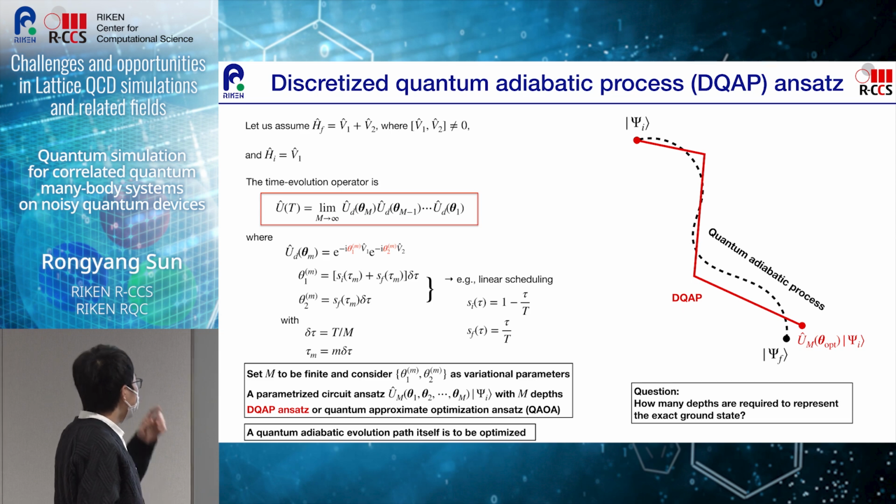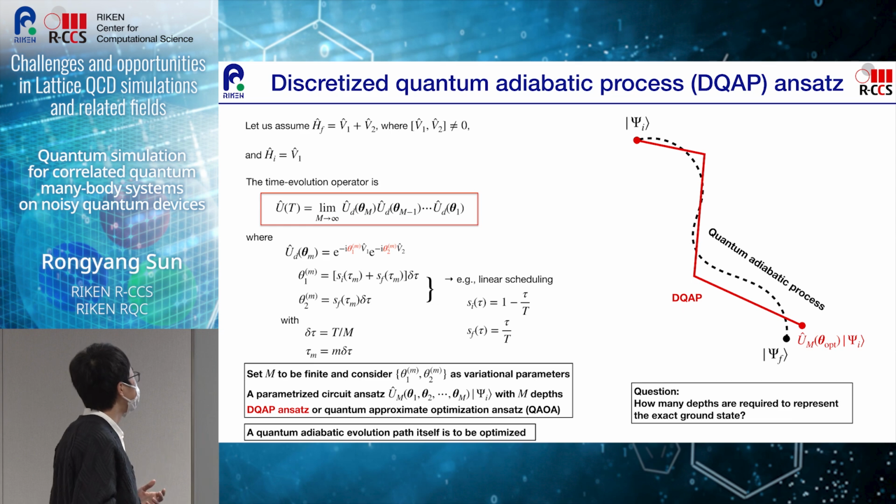Here you can consider each small time period as a discretized time evolution operator, and in each time period you have this small time evolution operator. Previously, in the quantum adiabatic process, this time period is fixed by some scheduling function.